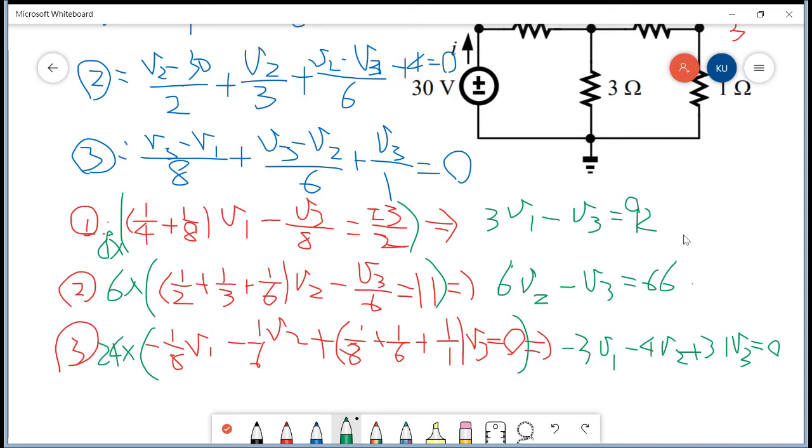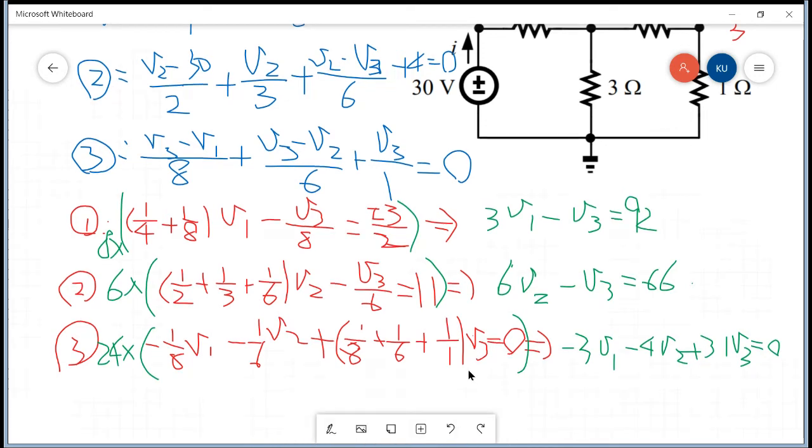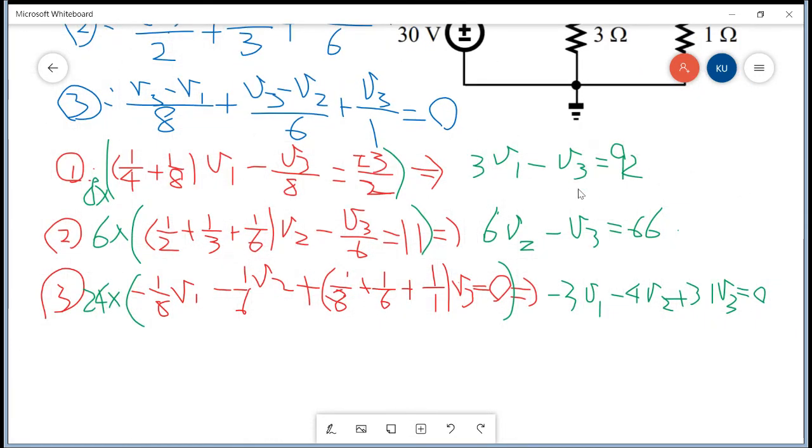So these three equations can be simplified like this. You can write V1 equals V3 plus 92 all over 3, and V2 equals 66 plus V3 all over 6.